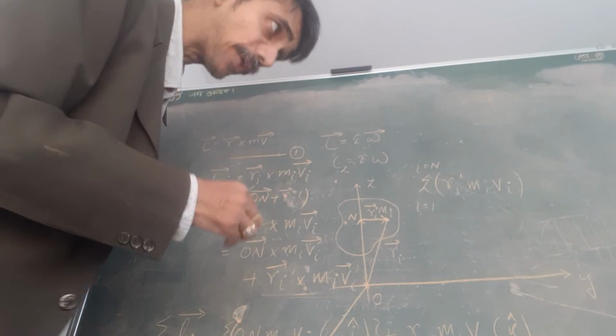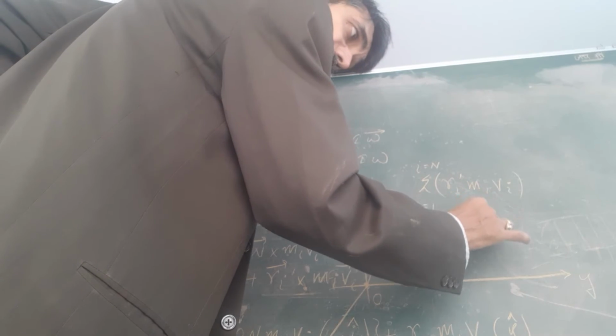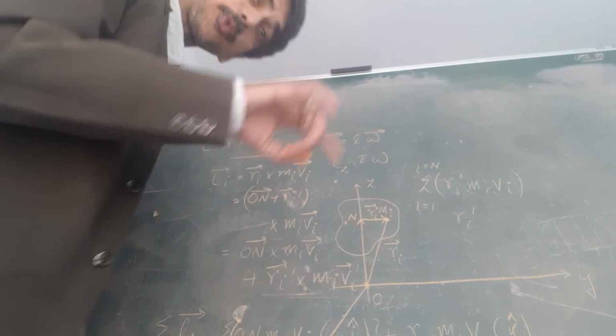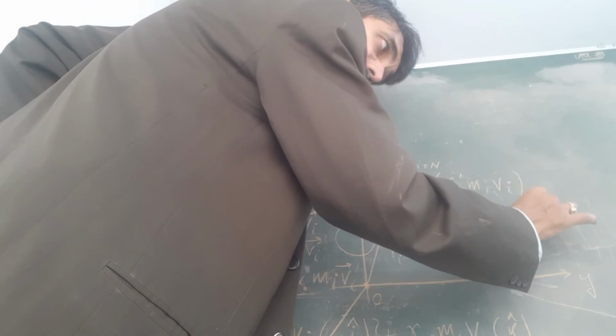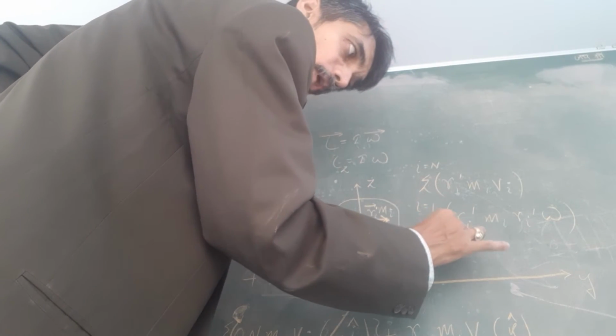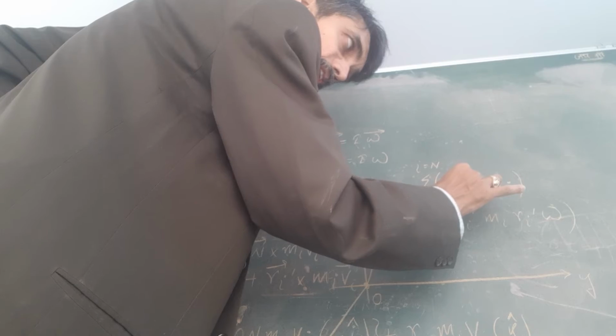We are privy to the fact that, taking a cue from circular motion, Vi can be marked as Ri prime into omega. And we are summing this from i equal to 1 to i equal to n.